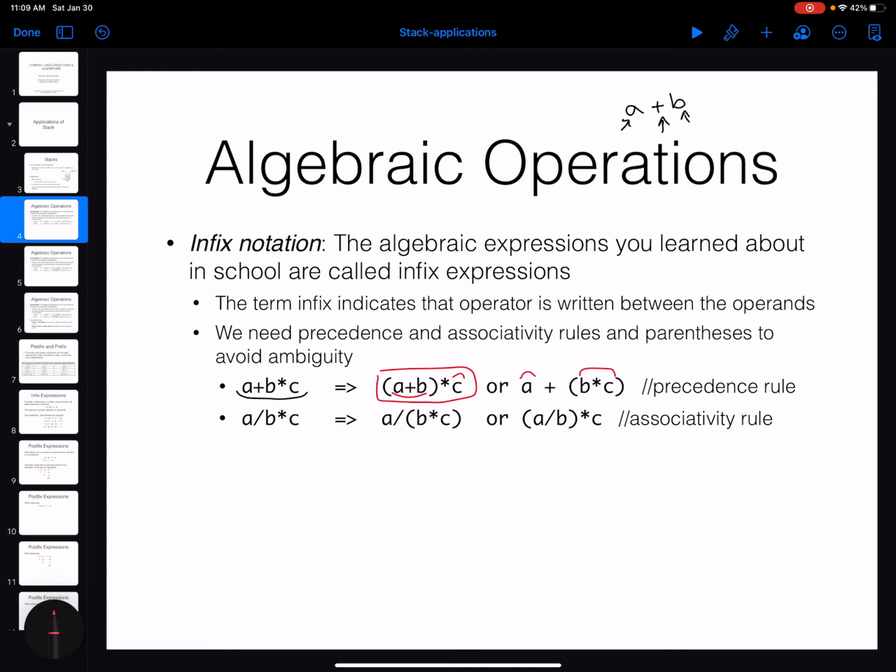Of course, for us as humans, we just know that we give the higher precedence to multiplication. So if you see an expression like this, you would first multiply b by c and add the result to a. But this is just a rule that we know. The computer doesn't know that.